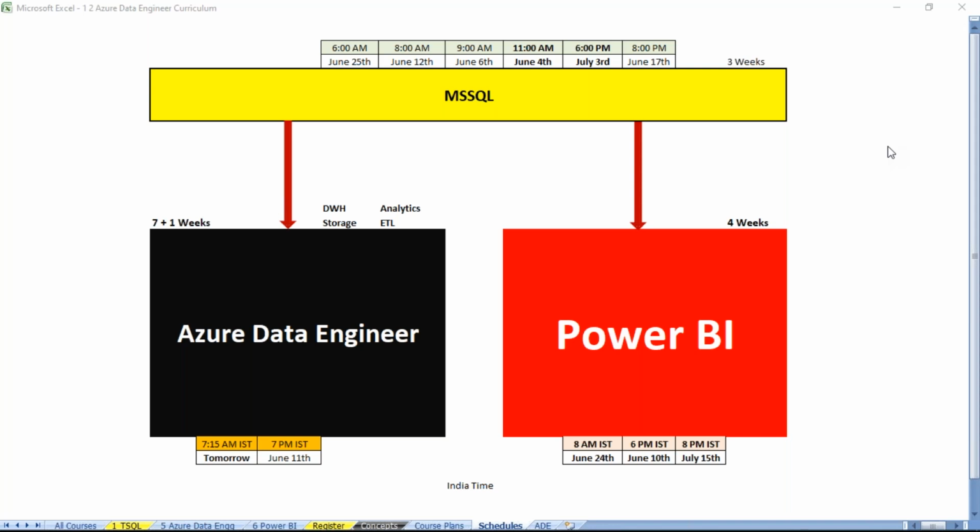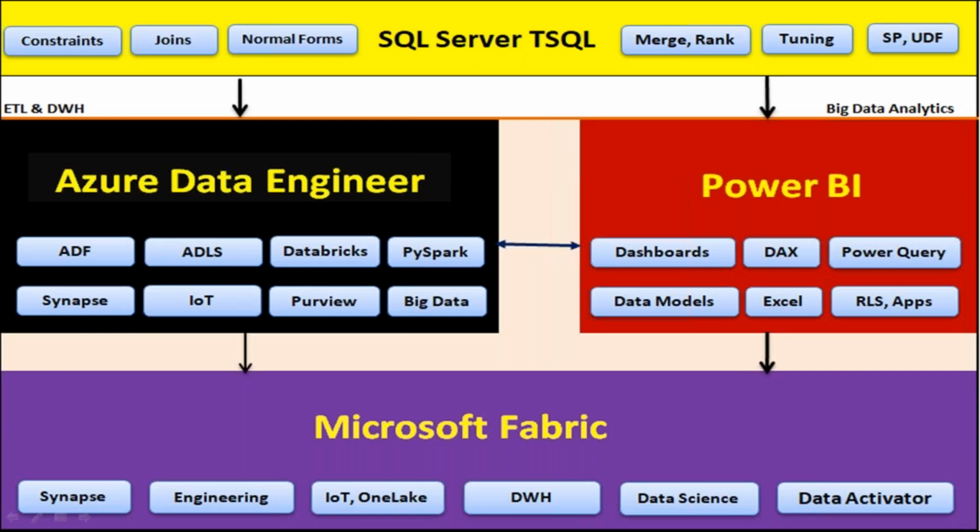Next, if anyone is looking for Microsoft Fabric, Fabric is a combination or next level implementation of data engineer and Power BI together. In Fabric, we have next level Synapse: Synapse engineering, Synapse IoT, Synapse data warehouse, Synapse data science.